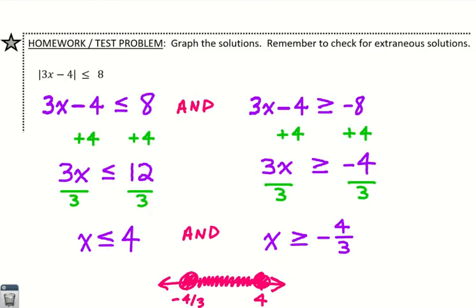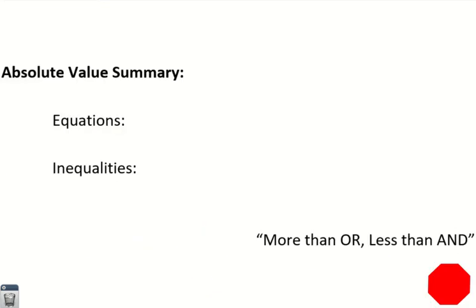And the word that fits: if it's a more than, it's or, and if it's a less than, the word that fits is and. So, less than and, more than or. There are different ways to say that, like less than and, greater than or, but that's basically the summary.